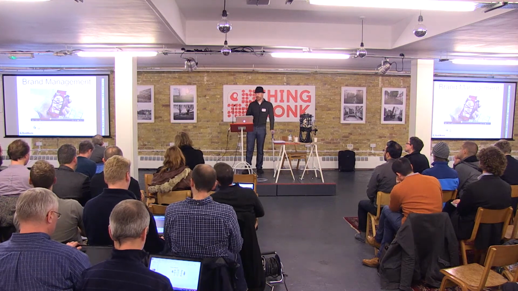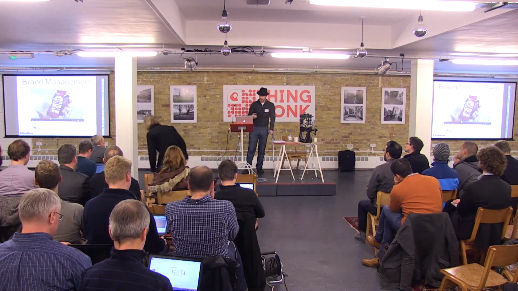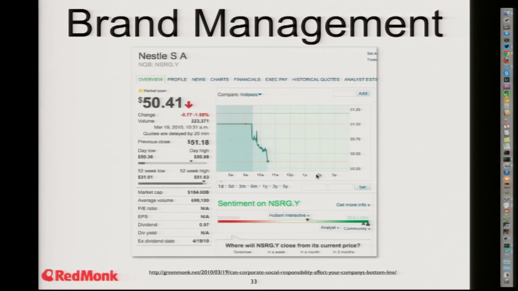So Greenpeace put up a very effective viral video campaign to highlight this, and this actually had an impact on Nestle's stock price. Short-term, small impact, but it had an impact on their stock price, as well as the reputational issues.